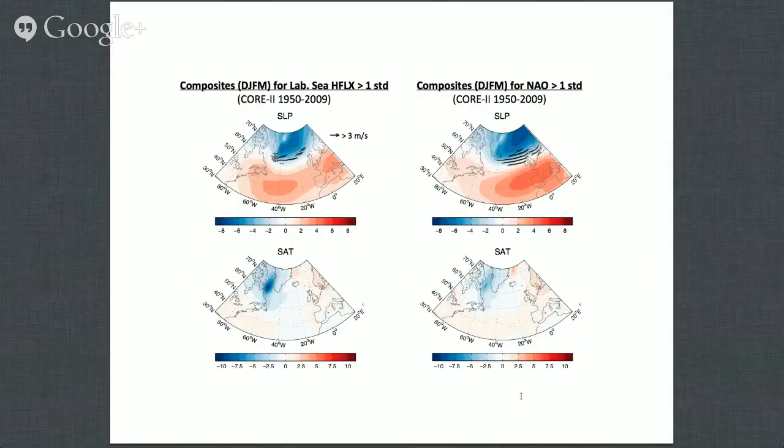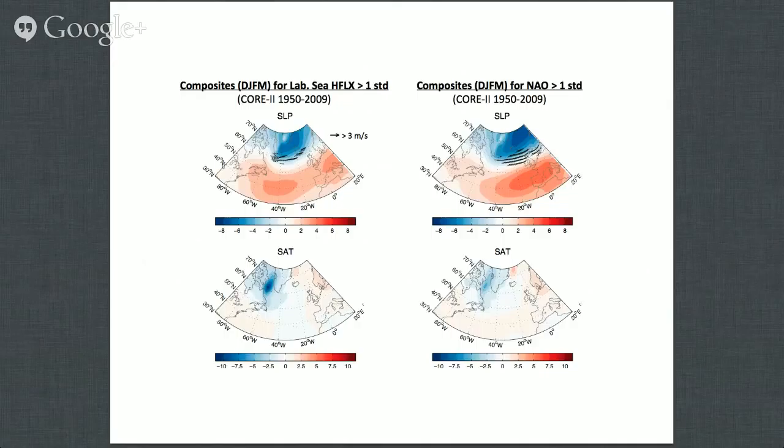Now, I'm going to generalize a little bit more using the full period of CORE forcing, which is 1950 to 2009. The left panel shows the composite pattern for sea level pressure, top, and air temperature for when Labrador Sea heat flux is greater than 1 standard deviation.